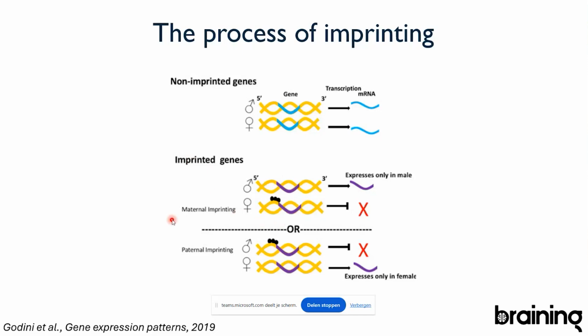So we talk about maternal imprinting when the maternal chromosome is inactivated, which means that those genes are only expressed from the paternal chromosome. You can have the other way around, paternal imprinting, where the paternal chromosome is inactivated and genes are only expressed in a maternal way. So this whole process of inactivating genes on one set of autosomal chromosomes is called imprinting.